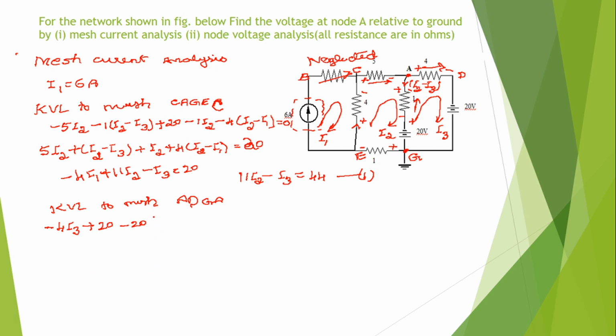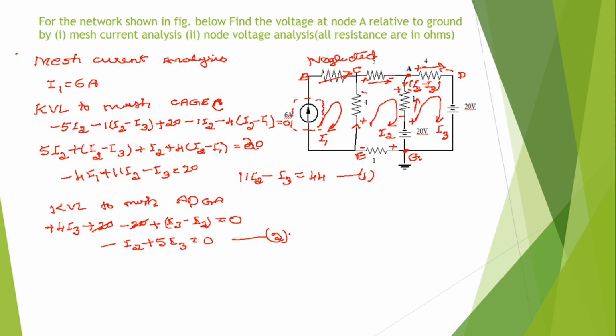So this equation becomes minus (I3 minus I2) equal to 0. Right? So by rearranging, this plus 20 minus 20 cancel each other, and taking this to the other side, it becomes a plus. So the equation becomes minus I2 plus 5I3 equal to 0. This I will take as equation 2.